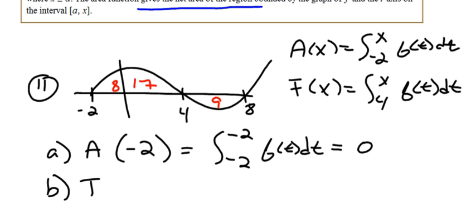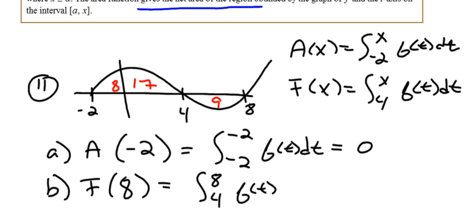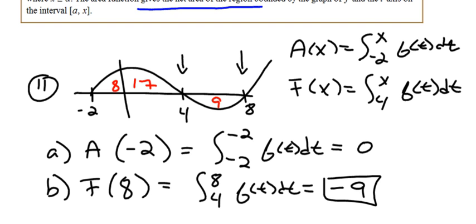For b, if I want to evaluate the F function when x is at 8, I'm going to insert 8 for my upper bound. So I'm going from 4 to 8 of f of t dt. And I can see then when I look at the graph, I'm going from 4 to 8, and my area is given under the x-axis as 9, and since it's below, it's going to be a negative area of -9.